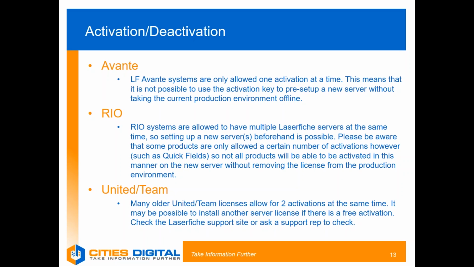I can do that, but since you're only allowed one activation for the Avante Laserfiche server, I literally have to take production offline during the installation onto the new host. So I have to take it offline, deactivate it over here, activate it on this one, get everything set up, and then I can deactivate that and put your licenses back into production.